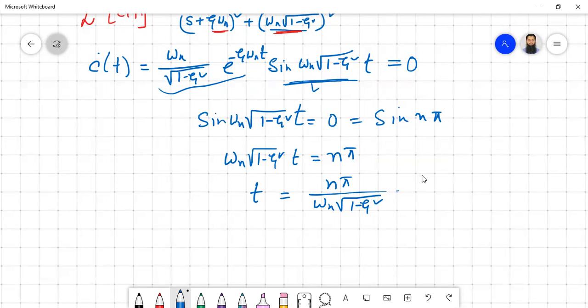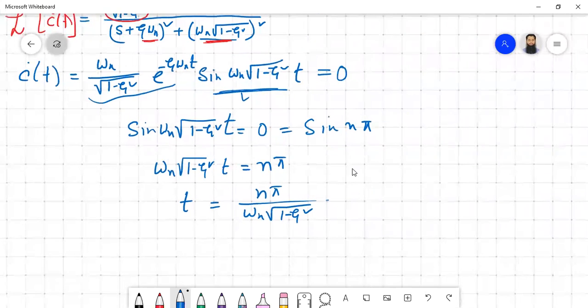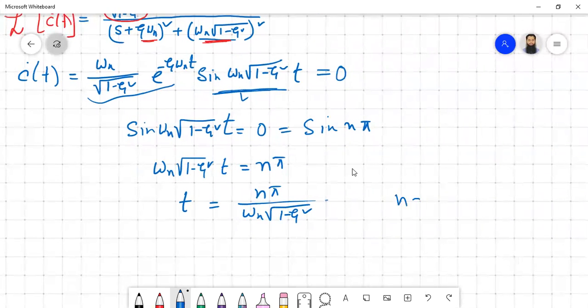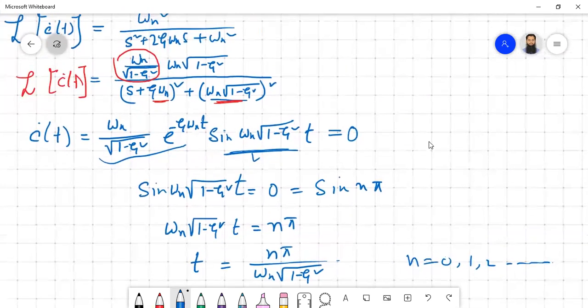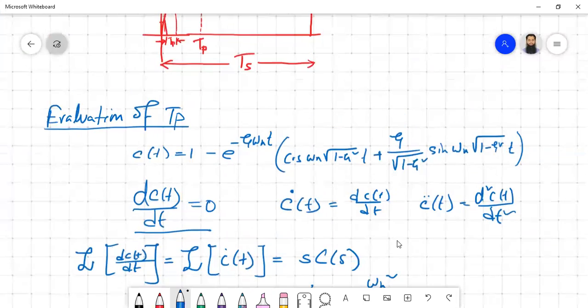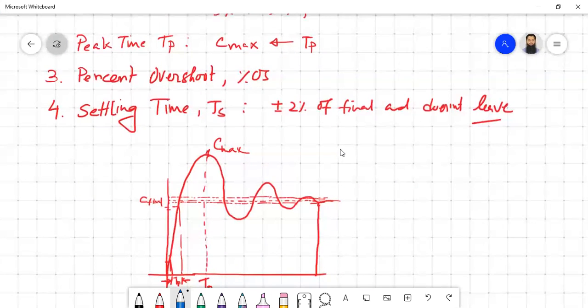Now, what is meant by nπ? What should be the value of n? The value of n can be 0, 1, 2, 3. So which value should we take? First of all, if you take n equal to 0, t will also be 0, so it is not what we are asking for. Rather, we are trying to obtain the first peak. For the first peak, n should be equal to 1.